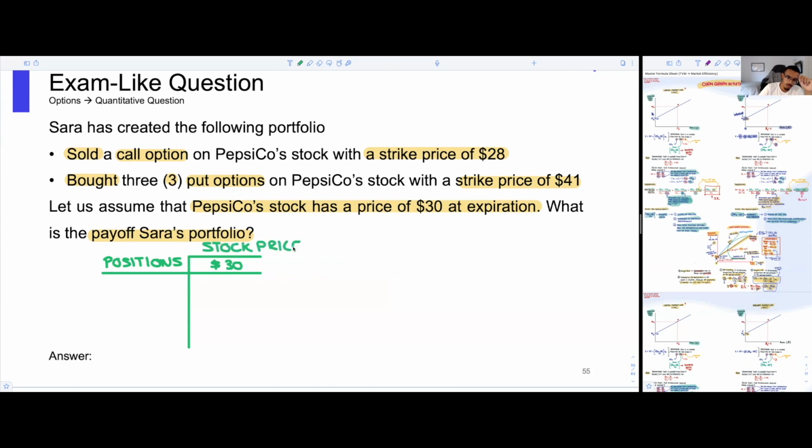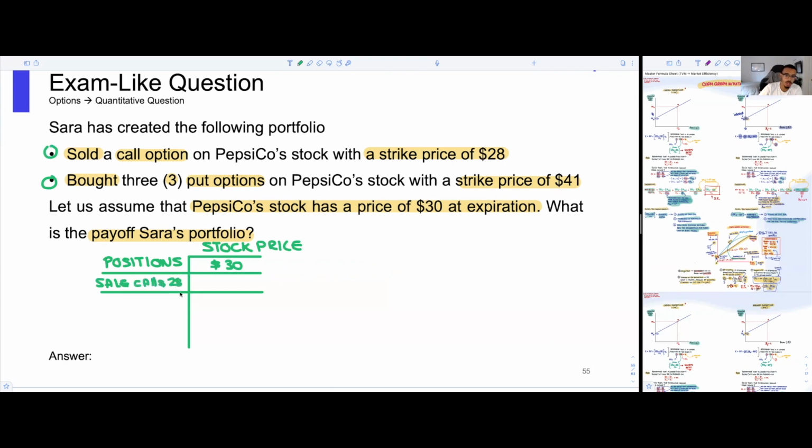In terms of your rows, you're going to highlight two categories. One is all of your positions, so your sale and your purchase of these two different positions, and then your payoff. We want to figure out the total payoff at that specific price. So we have two distinct positions: the sale of a call at $28, and then buying 3 puts with a strike price of $41.